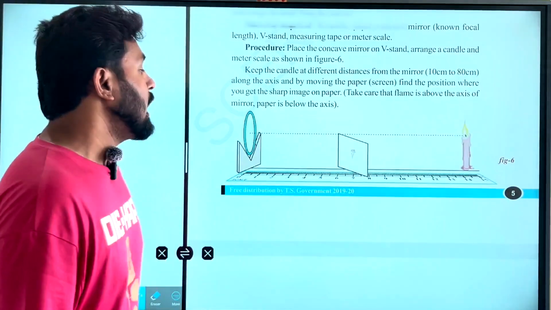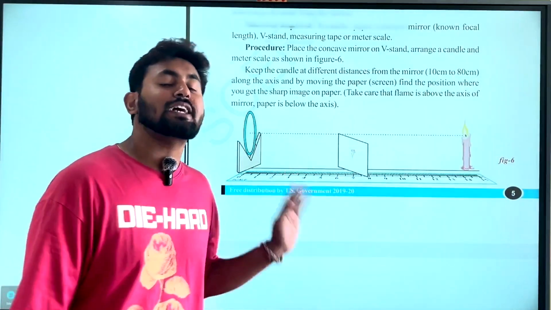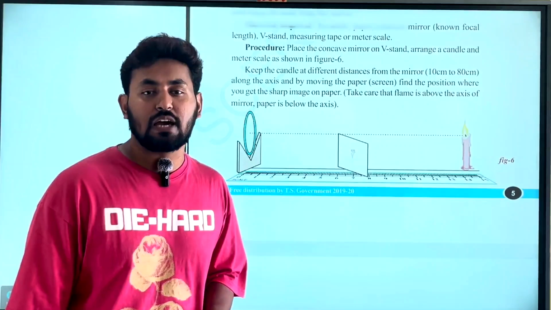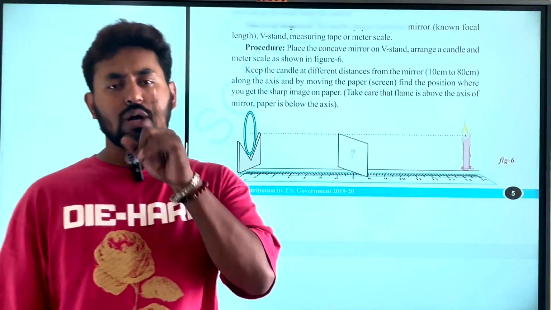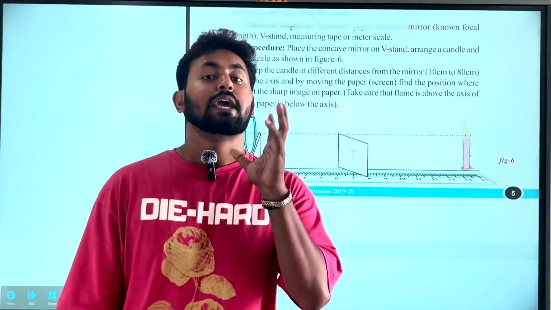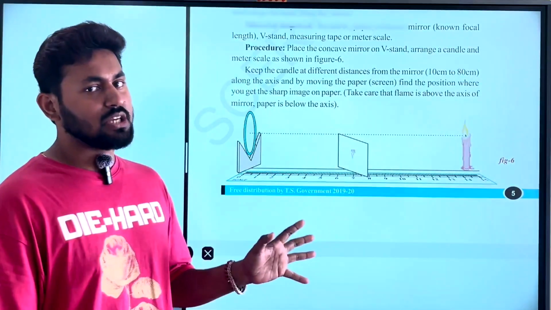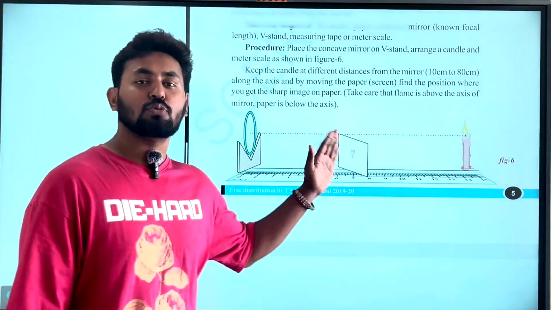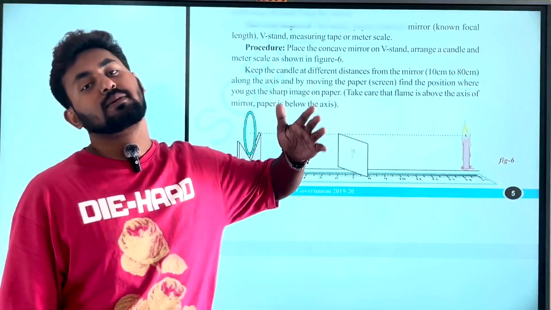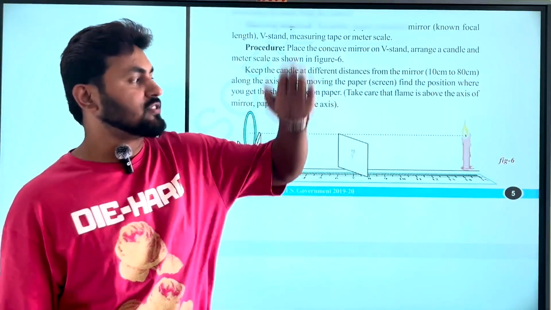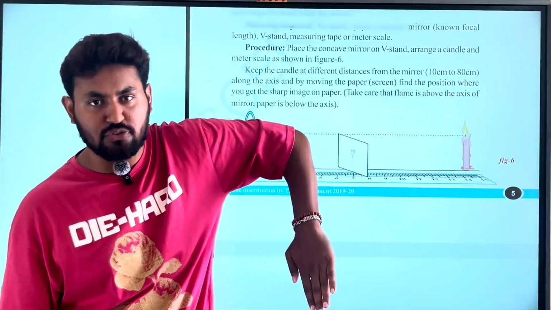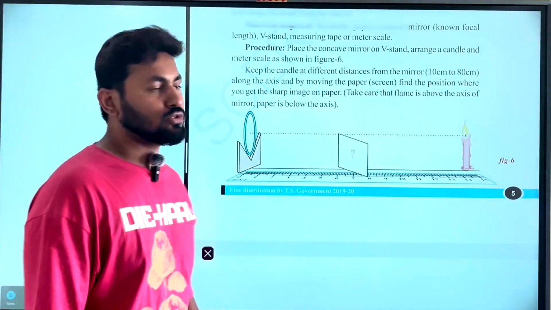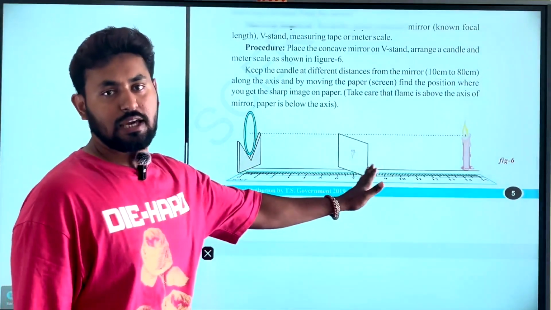So, as I told you, this is one of the characteristics of concave mirror. Concave mirror forms an inverted image, except in one case. Inverted image is nothing but the image which seems to be opposite, upside down. It is standing vertically, and again it comes like this, opposite. That is called inverted, which has been shown over here in the diagram.